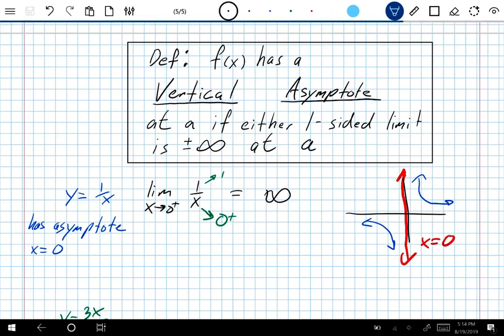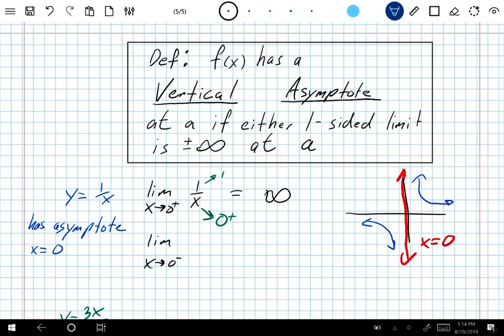We could, just for fun, go from the left-hand side, a little bit of practice here. In this case, the top is still going to 1. The bottom is now going to 0, right? X goes to 0 from the left, meaning it's always going to be a bit less than 0. What's the behavior here?